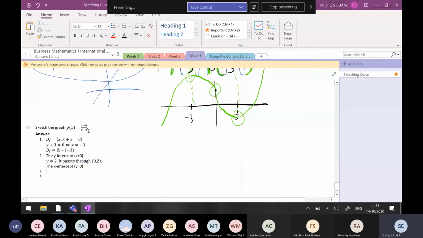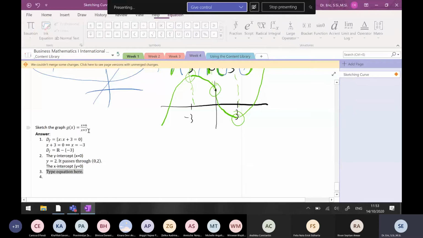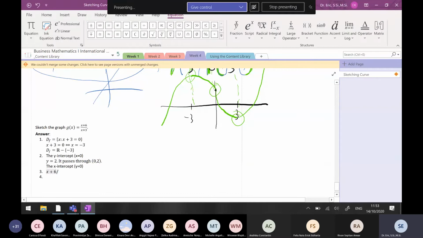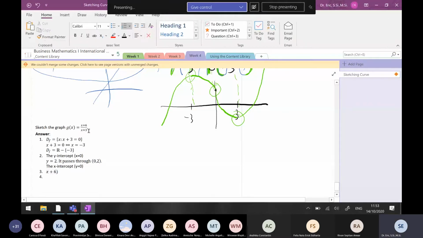When y equals 0, you have x plus 6 divided by x plus 3 equals 0.